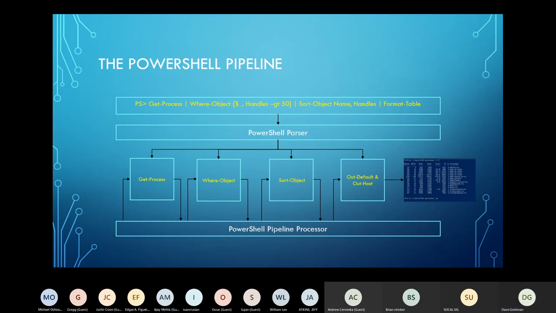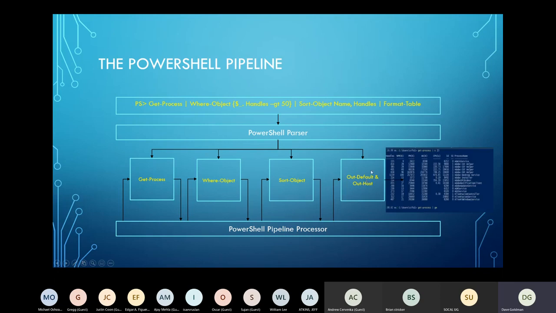When we get to the end of the pipeline, and this is something that you don't typically see, by default we'll add Out-Default, and Out-Default does a couple things. The first thing it does is it's responsible for calling into the PowerShell formatting engine.